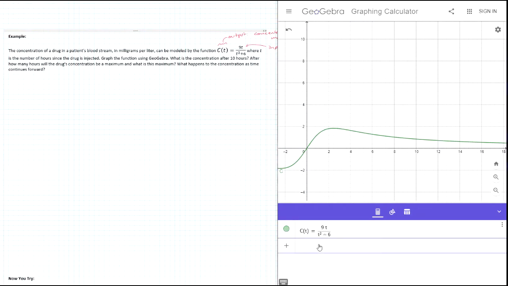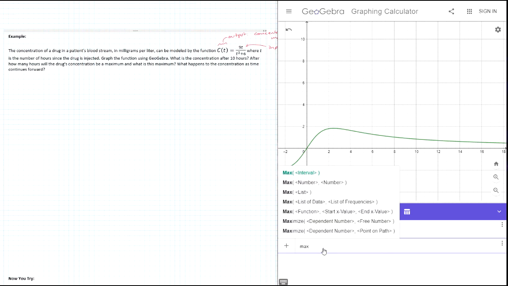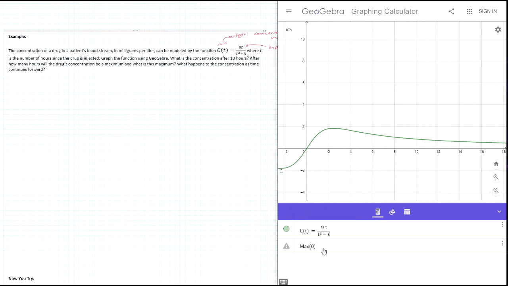Oh, I'm going to actually add... If I do a maximum between 0 and 6, that should give us... No, that's not what I want here. I just want this point to stay. Extremum is what they want to use.